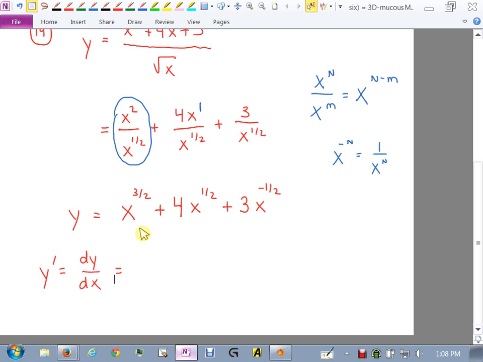So let's do some power rule. Power here is 3/2. That comes out, right? 3/2 in front. X to the, take 3/2, subtract 1. 1/2. Next one, plus, here comes the constant, just leave it, times derivative of x to the 1/2.